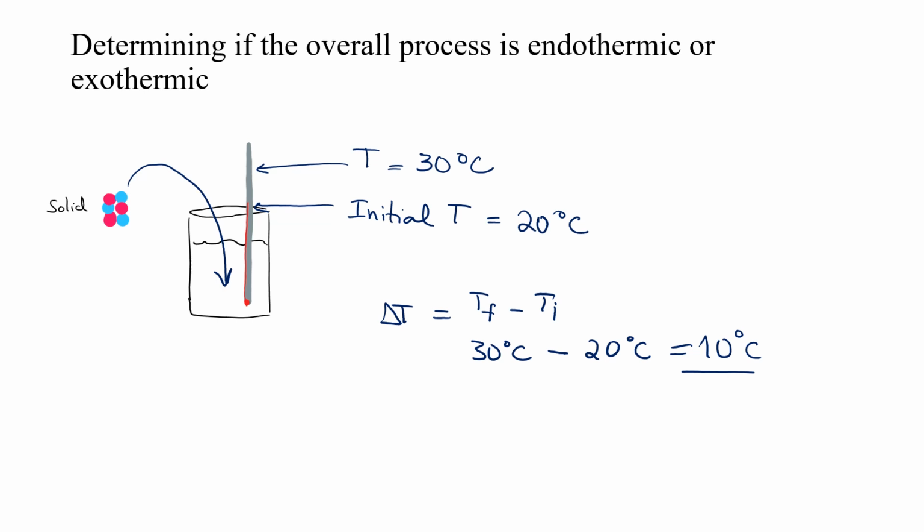When your solute-solvent interactions are being formed, they're releasing heat, and that amount of heat is being transferred into the solution that you're creating, and that amount of heat is actually responsible for the increment in the temperature.